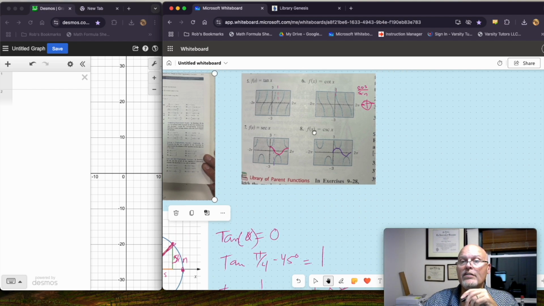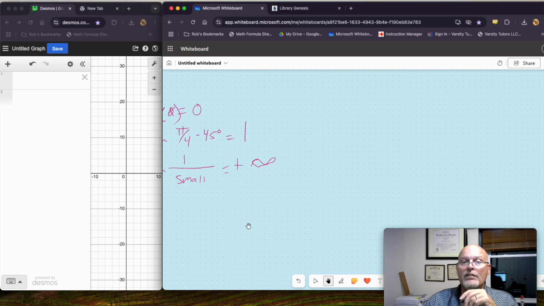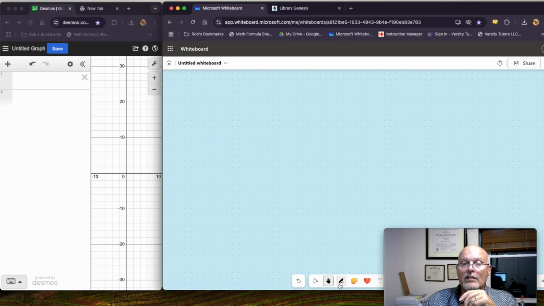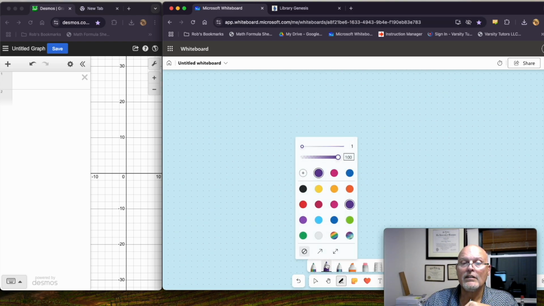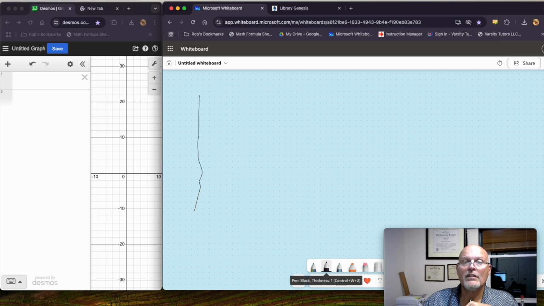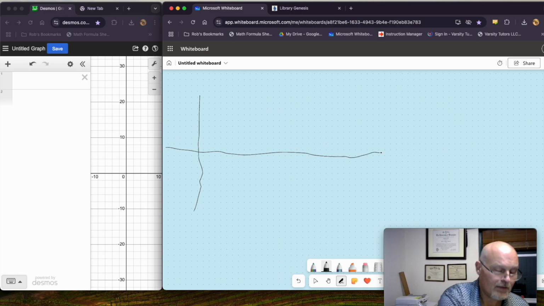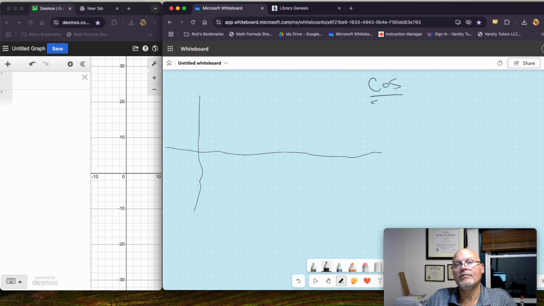So cotangent, let's find a good spot for this. All right. So cotangent, and again, this is not going to be precise, this is more about the concepts. And so cotangent follows cosine over sine, right?